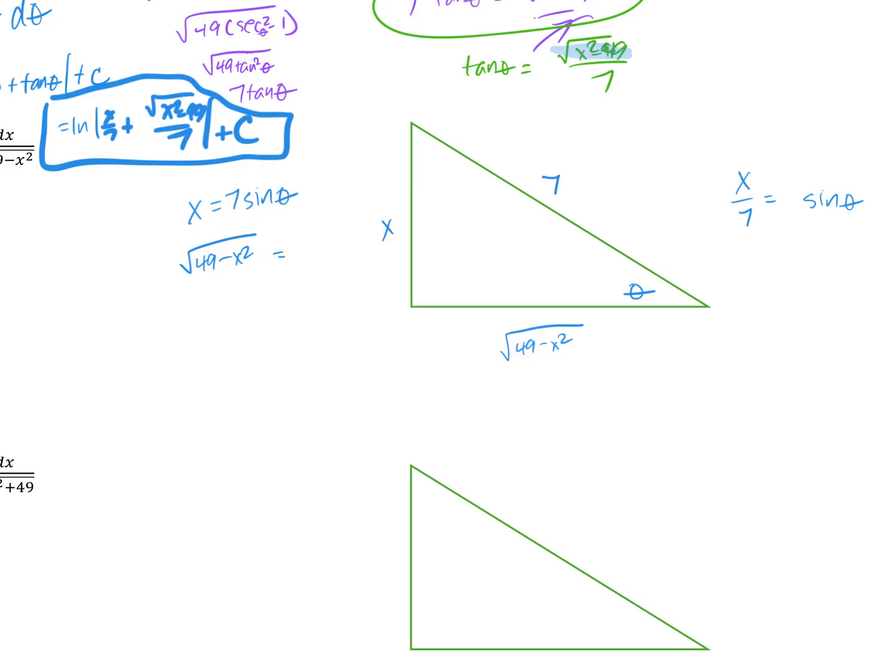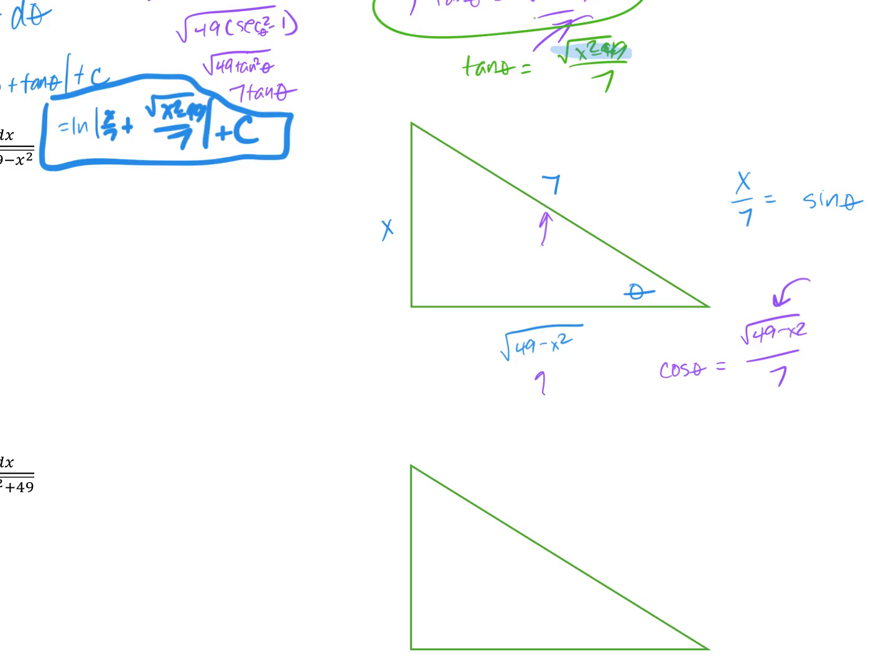One way I could look at it is, how are those two sides related? So I would say cosine theta equals the square root of 49 minus x squared over 7, which means if I were isolating that term, we get 7 cosine theta. Does that make sense? Because I'd multiply both sides.